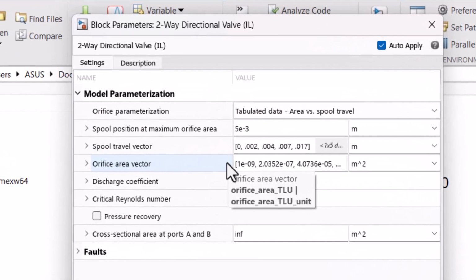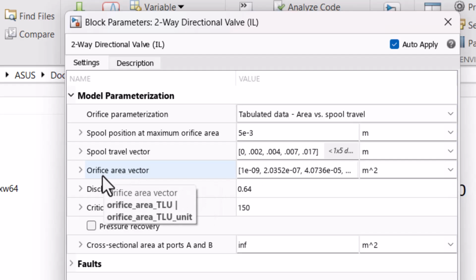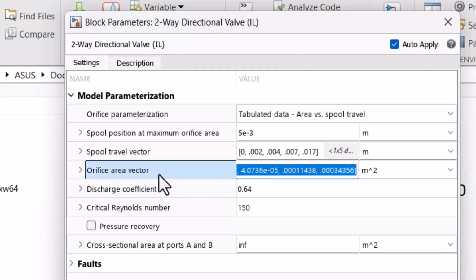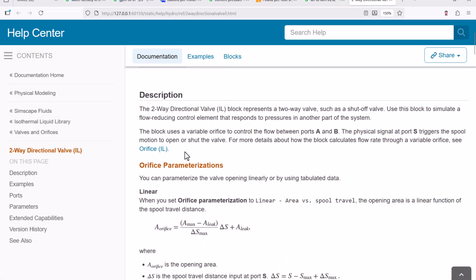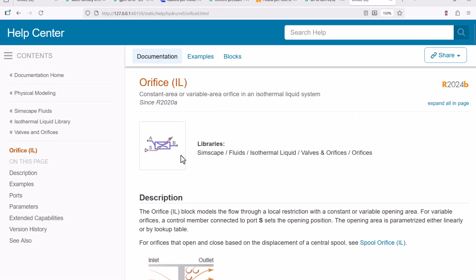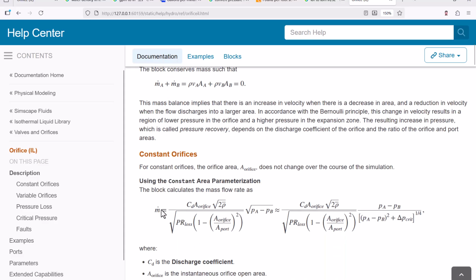Now the question is how to relate the orifice area vector to the flow coefficient. Okay, so I opened the MATLAB documentation for this block. And if you have seen my previous tutorial, there I talked about how this valve is going to calculate the pressure drop or the flow rate through it.